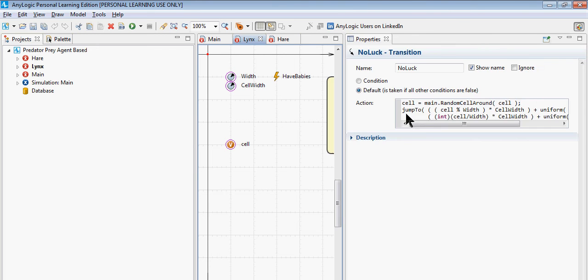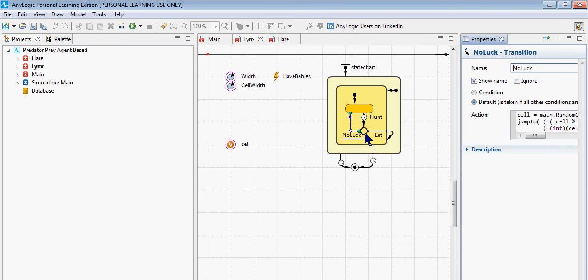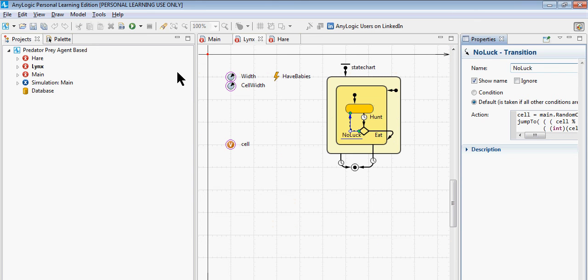And then rules for evolving that state, for changing that state over time. And then there's means of interaction with the states via an environment. So they're embedded in an environment and move around that environment. There's a time horizon we'll specify to the model and some initial state. Ladies and gentlemen, in all of these models, we specify an initial state, and then we say, basically, how does the model change based on the current state? What are the general rules for that? So we can play it out.